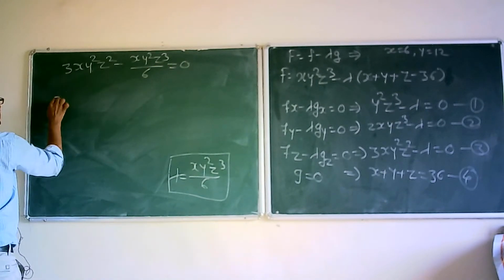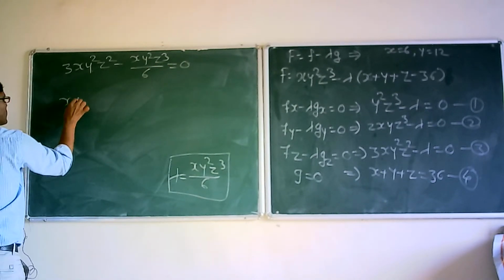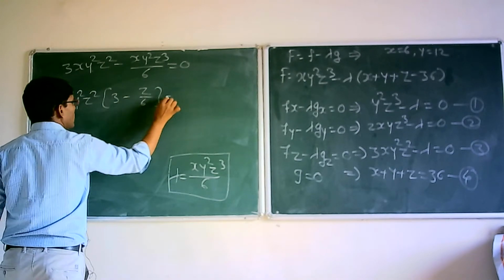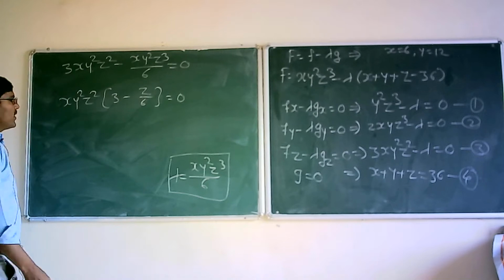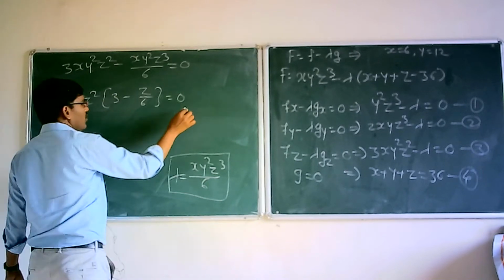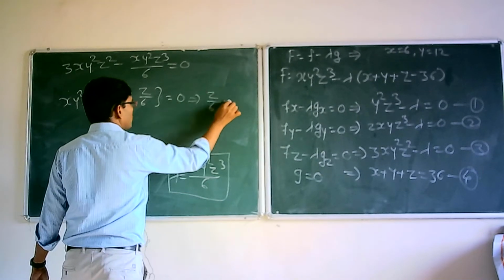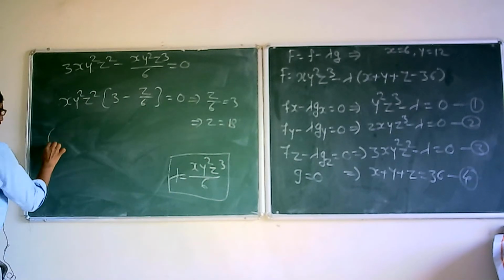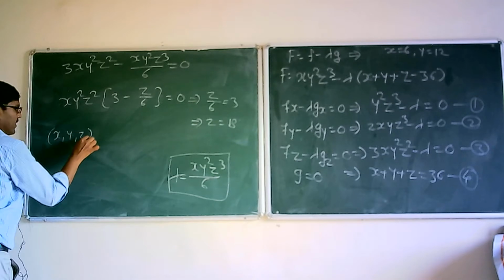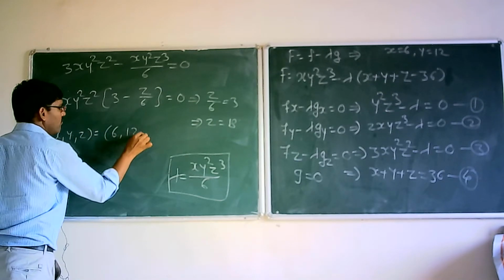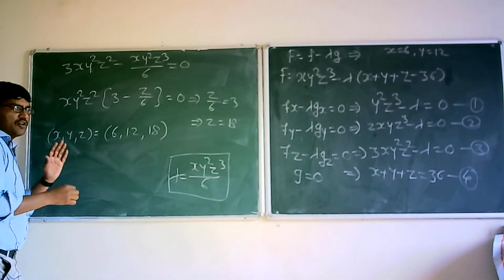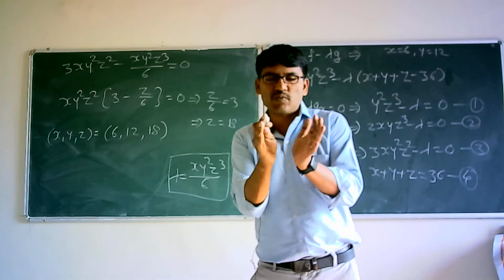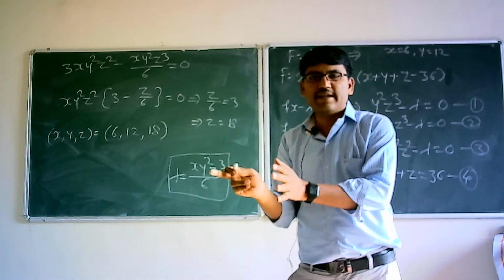So again putting x y square z square outside, we get 3 minus z by 6 is equal to 0, but again this term is not equal to 0, which implies z by 6 is equal to 3 and z is equal to 18. So here we have obtained the critical point x, y, z is equal to 6, 12 and 18. These are the values of x, y, z which also satisfy x plus y plus z equal to 36.